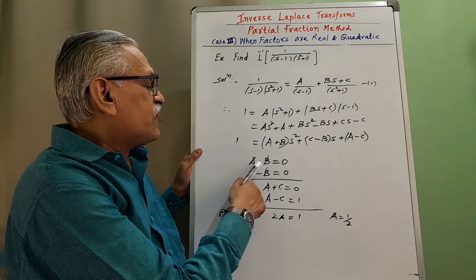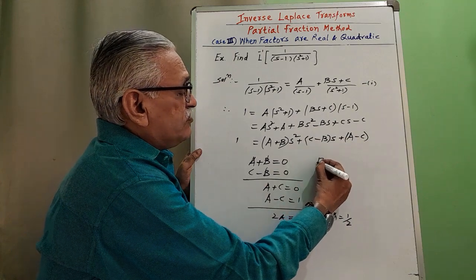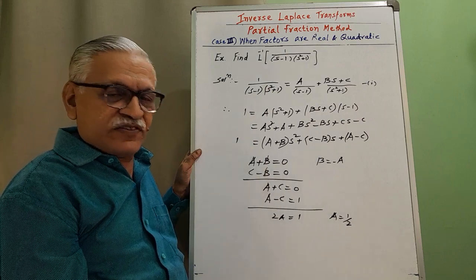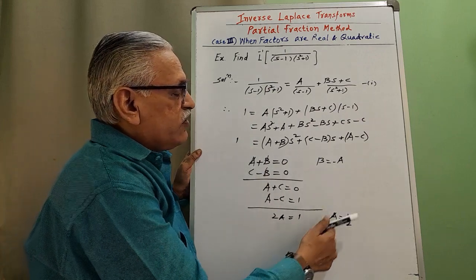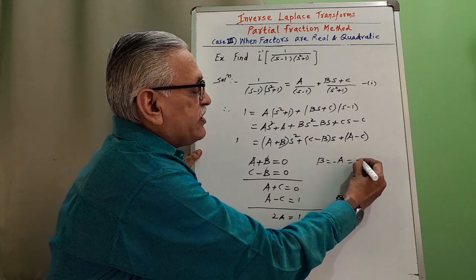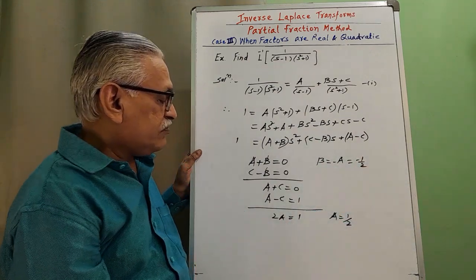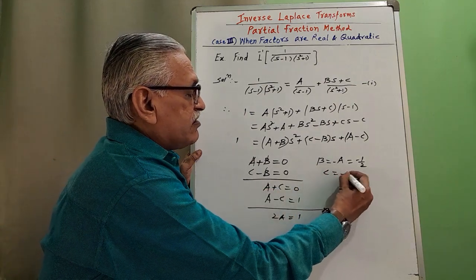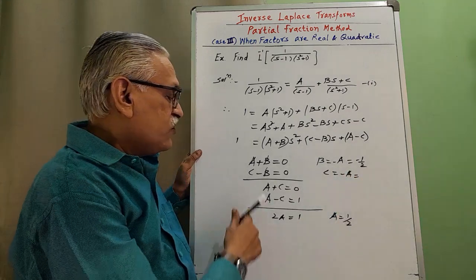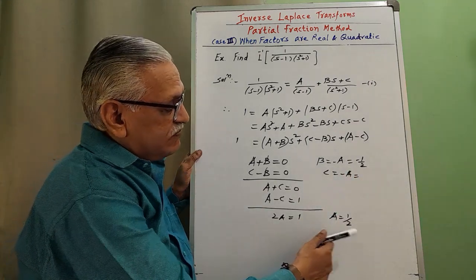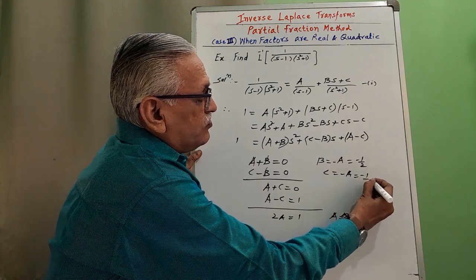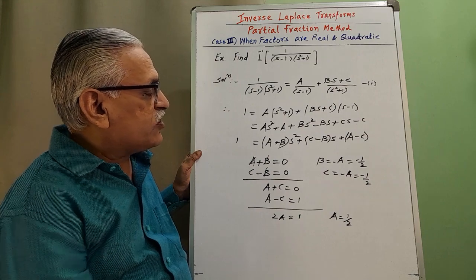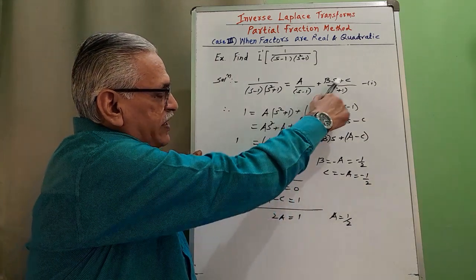And therefore from A plus B equal to 0, B equals minus A, and substituting the value of A as 1 by 2, we get the value of B as minus 1 by 2, and C is equal to minus A, and therefore we get C as minus 1 by 2. A as 1 by 2, B and C as minus 1 by 2.